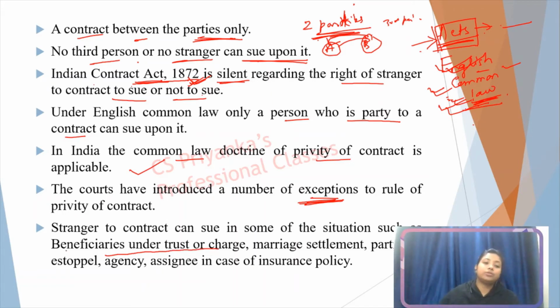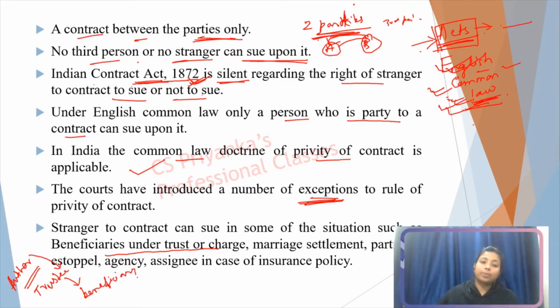In a trust, what happens? There are three parties. One is the author, the person who disposed the property. Another is the trustee, the person who takes care of the trust, usually appointed by the author. The trustee takes care of the trust for the benefit of the beneficiary.